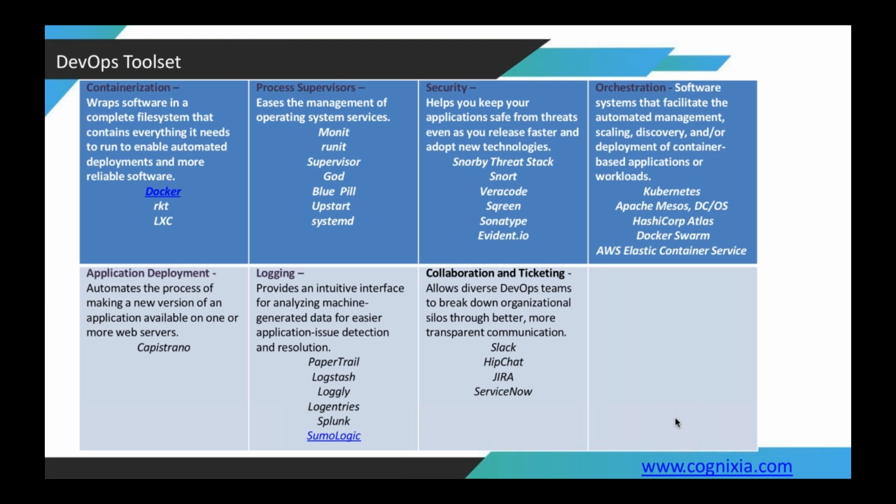So if tomorrow you start to use AWS CodeDeploy, then you can't move to Google Compute unless you rewrite your code or rewrite your deployment and things like that. But the Cloud Native Computing Foundation is working on the tools.